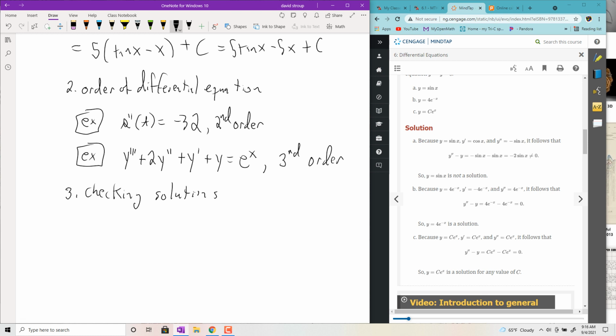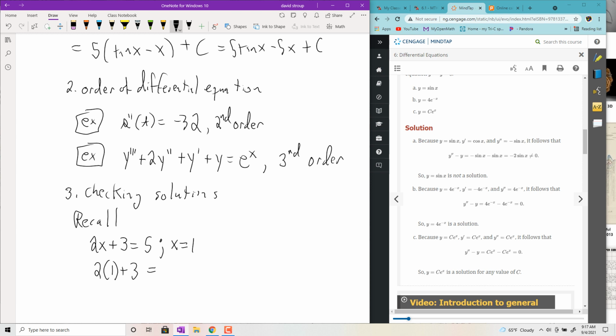You've done this before with your work in regular algebra. Maybe you're given an equation, 2x plus 3 is 5, and this would have been before you actually knew how to solve the equation. And then they would say, is x equals 1 a solution? So what did you do? You could put the 1 into this equation, simplify, and hope you get 5.